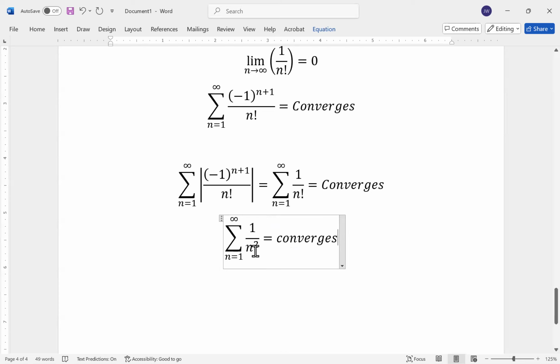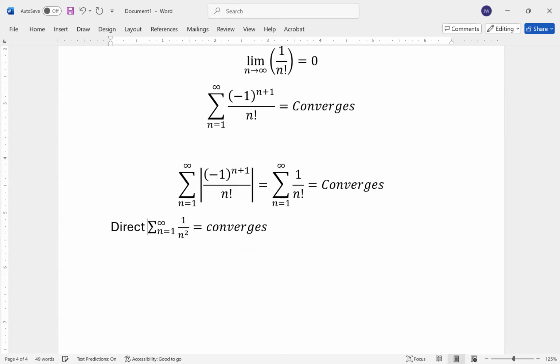And these terms are bigger than those terms, then by the direct comparison, we can say that this infinite series also converges. We did that one earlier, in a different video, obviously. In the direct comparison video, that was the example.